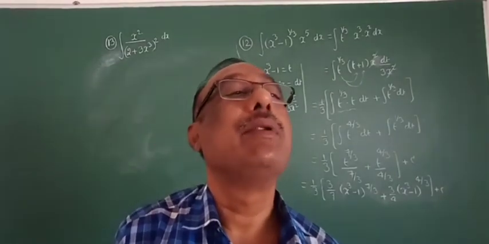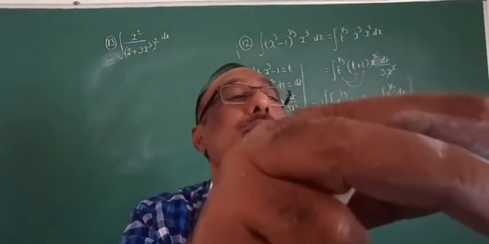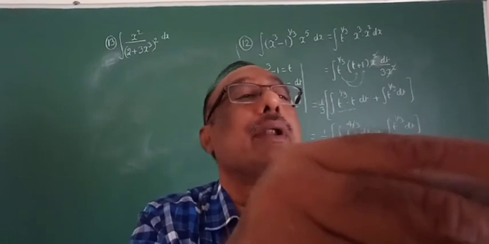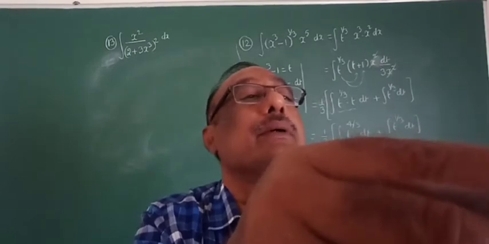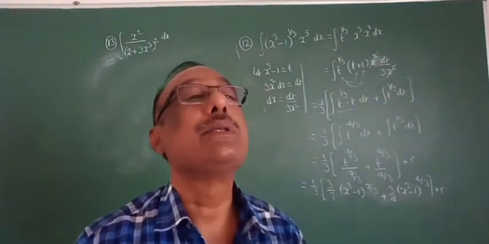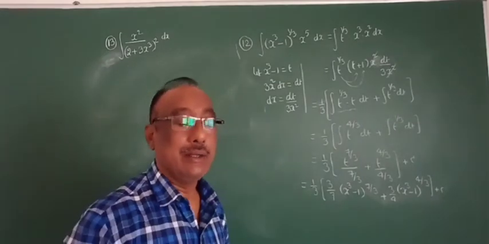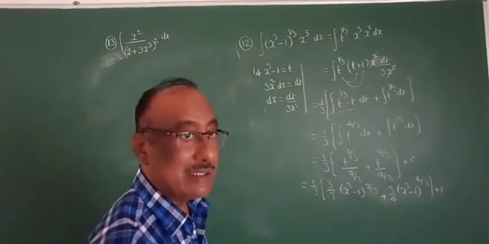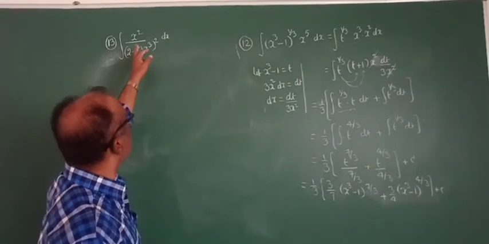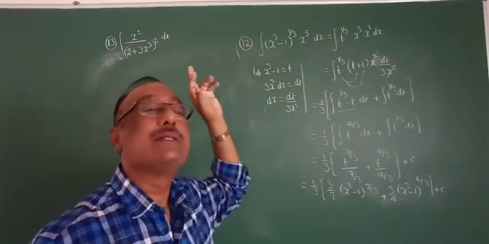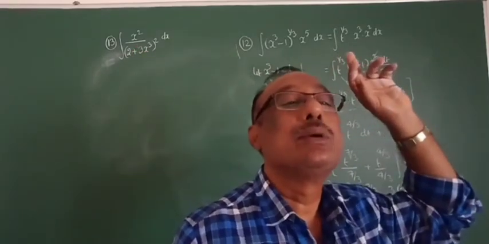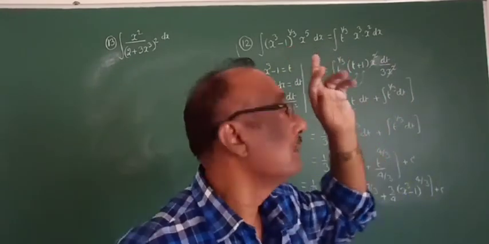The problem is, observe everyone. x square. Numerator is the x square. Denominator is the greatest, x cube only.